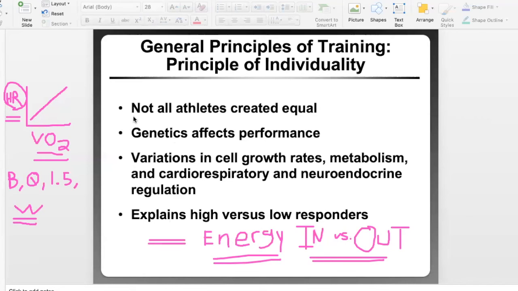So there are so many variables in regards to training that we can't assume that all athletes are going to respond the same. And because of that, we cannot have a general workout plan for everyone, even though I kind of do have something like that for my athletes. We're going to have to treat all athletes as individuals and work on their strength, endurance, and power gains, somewhat differentiated.